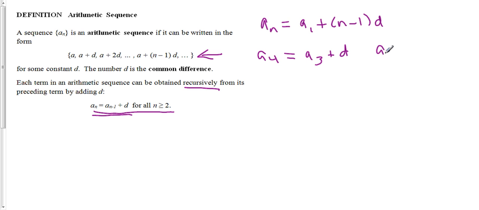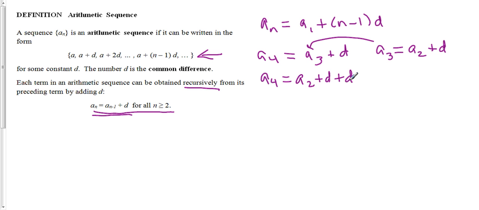Well, a_3 can also be defined recursively, and that's going to be a_2 + d. So if I substitute back in, now I have that a_4 is equal to a_2 + d + d.